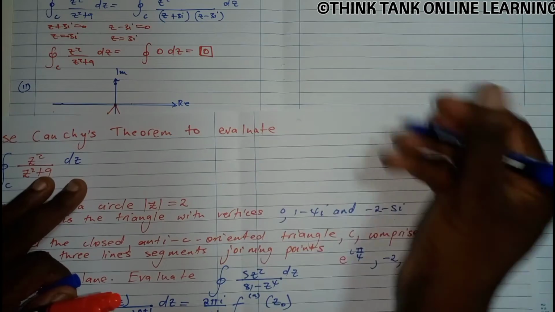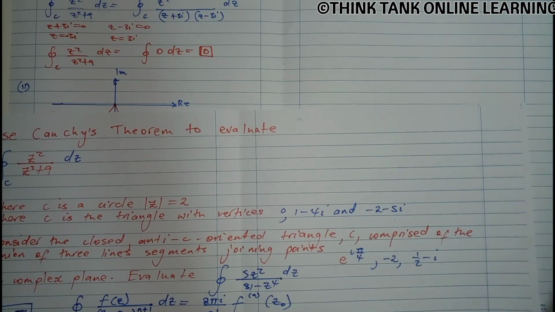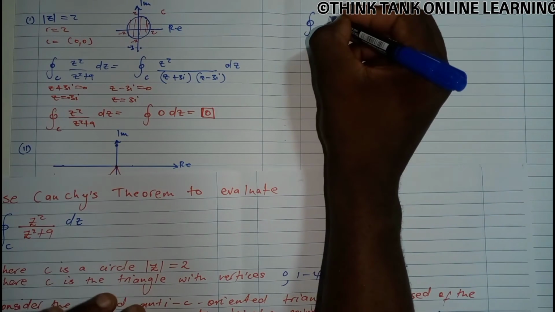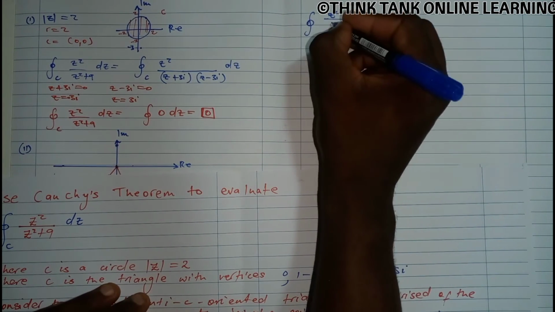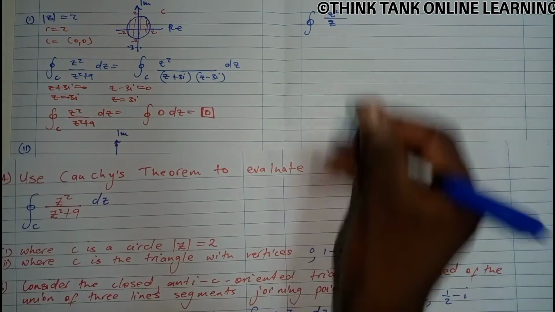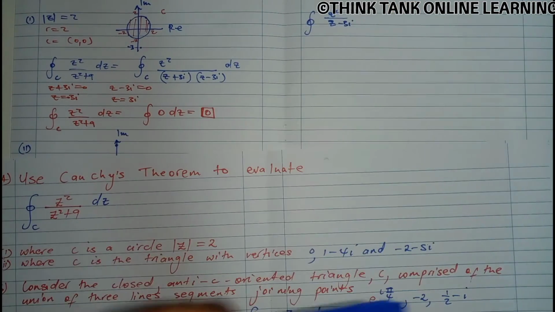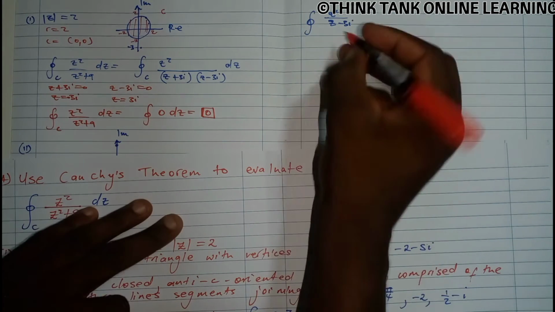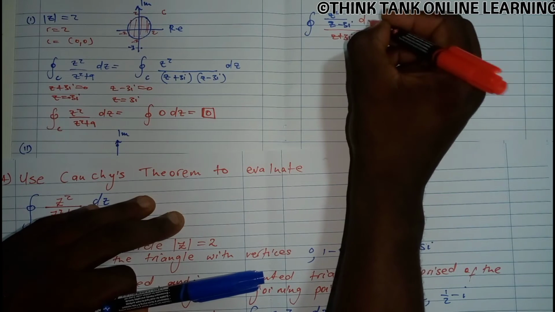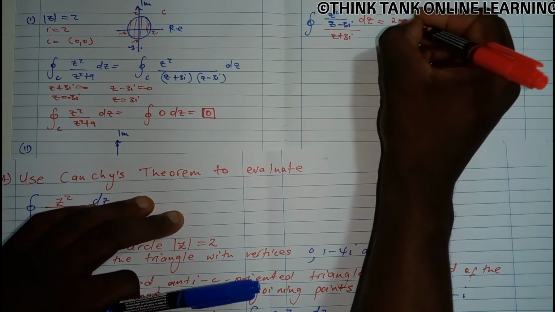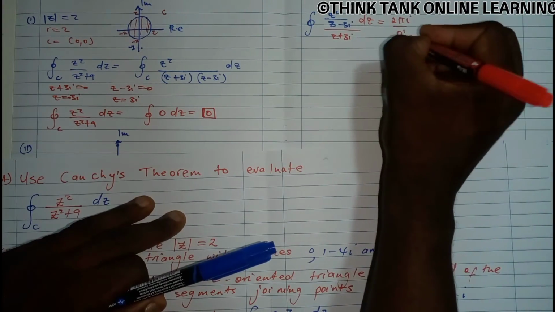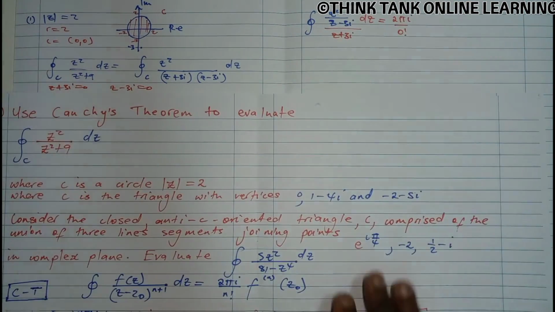The integral of z squared over (z minus 3i) divided by (z plus 3i) dz is going to be equal to 2 pi i over n factorial, and we have 0 factorial, and 0 factorial is equal to 1.